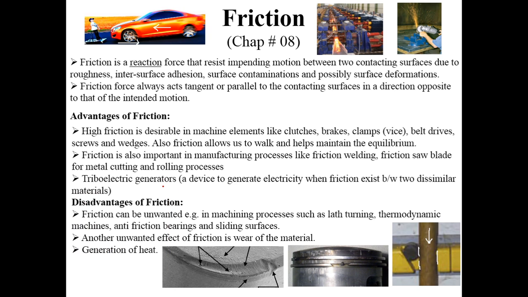They are a device that works on the principle of friction between two dissimilar materials. When two dissimilar materials rub against each other, they produce some static charges, and that can be utilized. So the underlying principle is friction in triboelectric generators.